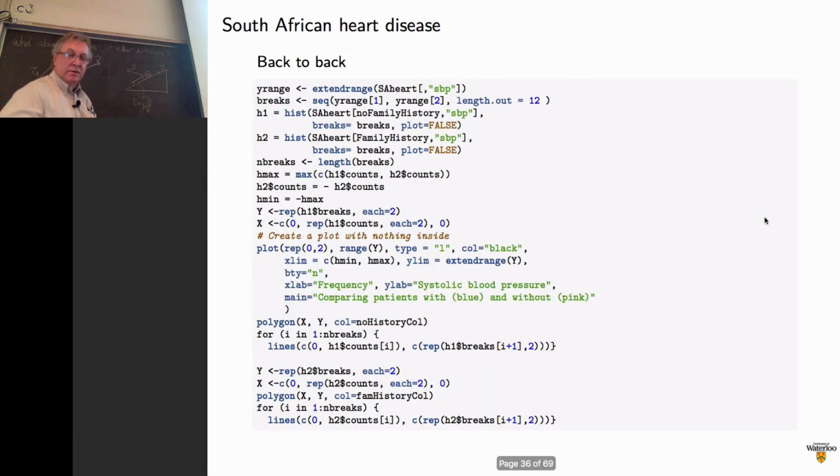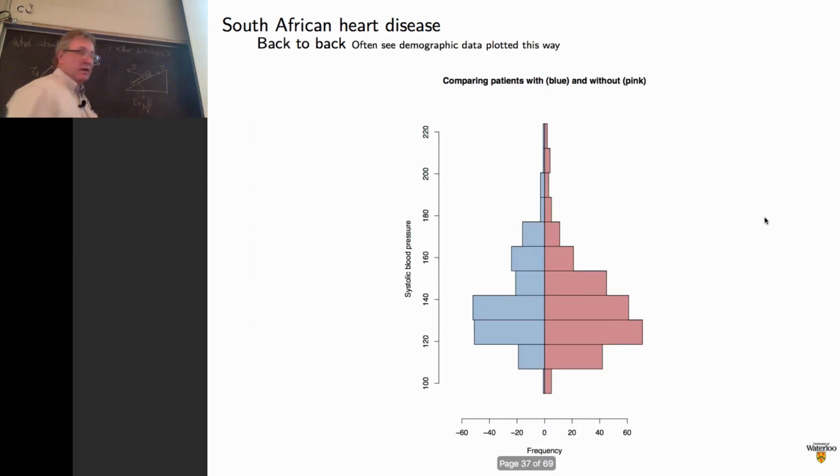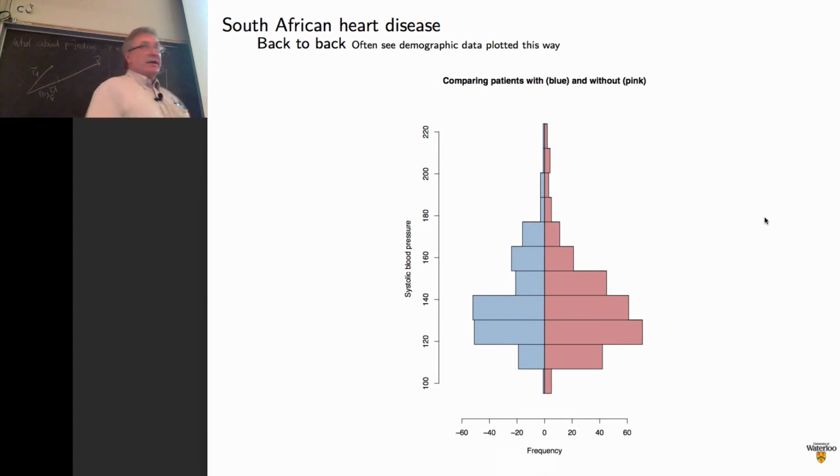A little more code to make it back to back. But I can put two histograms back to back, and now I've got this shape that I can see. Again, the shape of the frequencies without family history and those with family history, and see where they agree and where they disagree most. Disagreeing most in this spot right here. Okay, so there's another graphic.